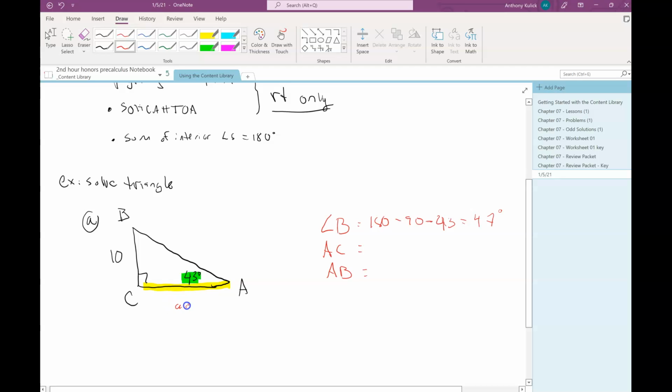Adjacent. And the 10, the side that we know, is opposite, adjacent, or hypotenuse? Opposite. So, which trig function should we use that uses opposite and adjacent? Tangent. So we'd say tan 43 is equal to opposite over adjacent.